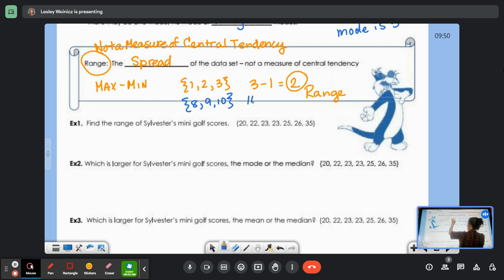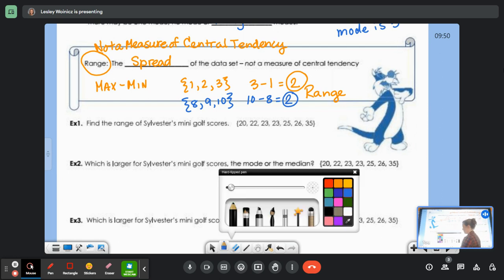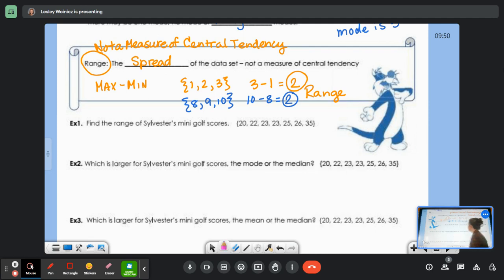Then it would be 10 minus 8, and our range is still 2. But 2 is not the average. So the range is independent of any central tendency that we might have. It just tells us how far apart the data is.